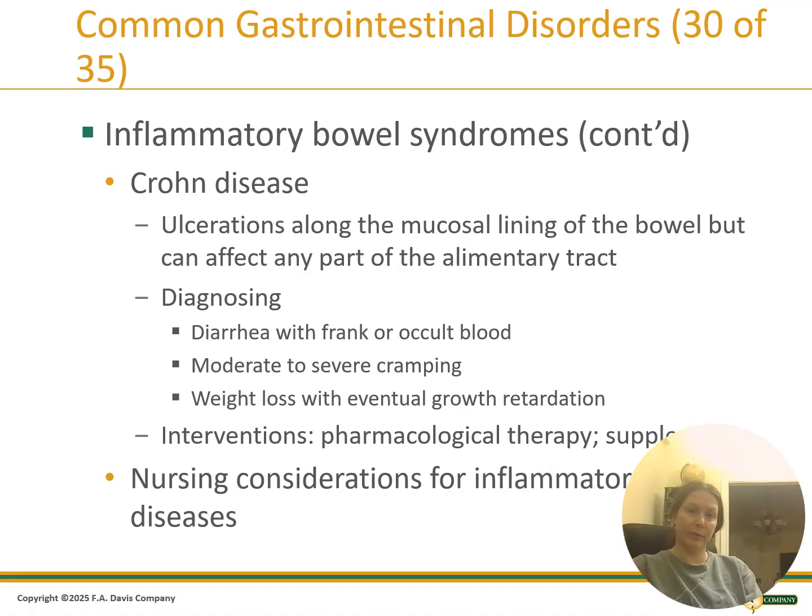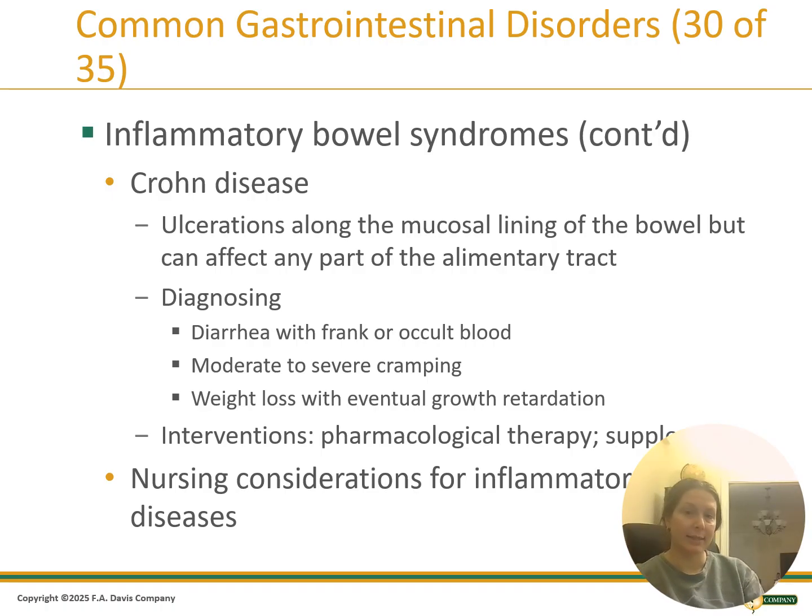So next on our list we have Crohn's disease and inflammatory bowel syndromes. So this is going to be characterized whenever you have ulcerations along the mucosal lining of the bowel, but it's important to know this can affect any part of the alimentary tract. So what that means, you can get ulcerations from this anywhere from your mouth to your anus.